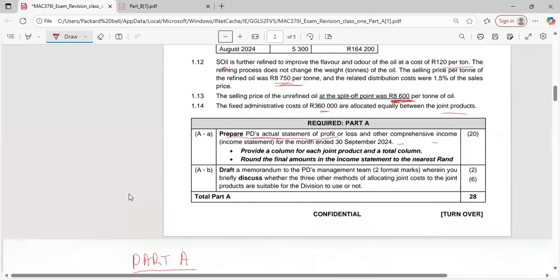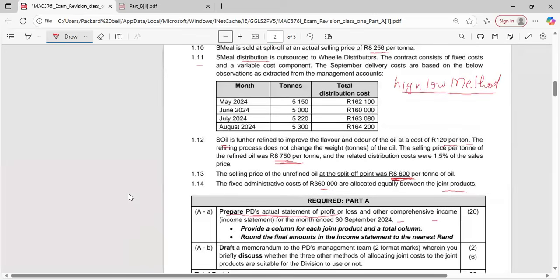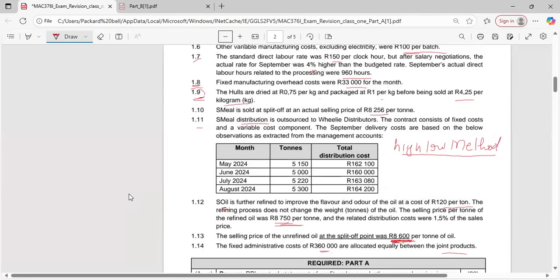They say 1.9. They say the hulls are dried, so that one is going to be a cost. And there's also packaging, and there's 4 Rand 25 a kilogram. Do you see another thing is when you are answering your question, always be careful. You see here they changed to kg. All our working from the top was with a ton.